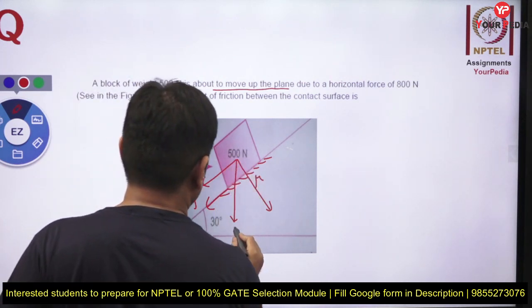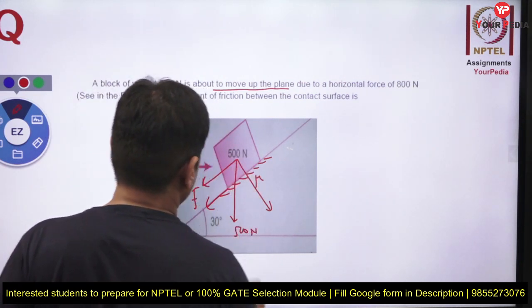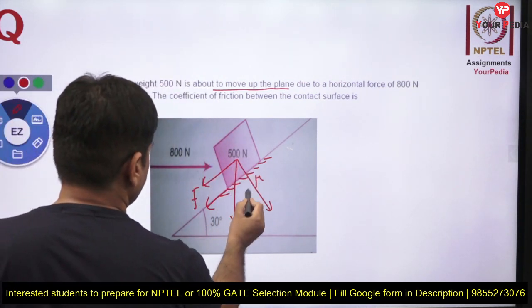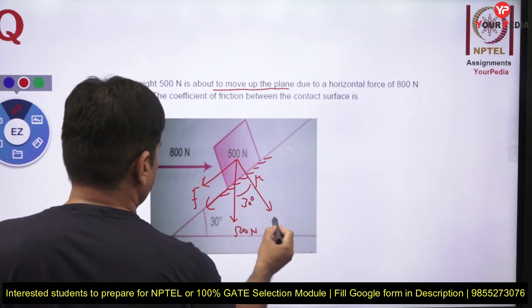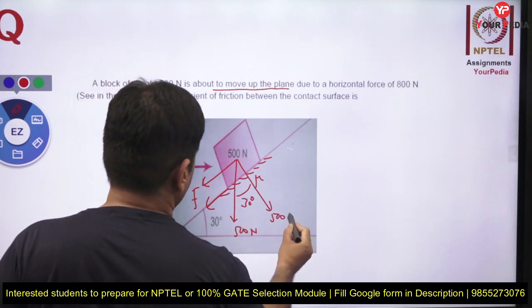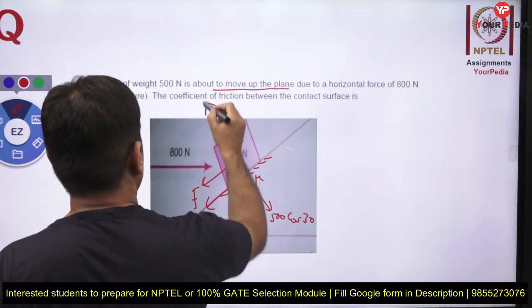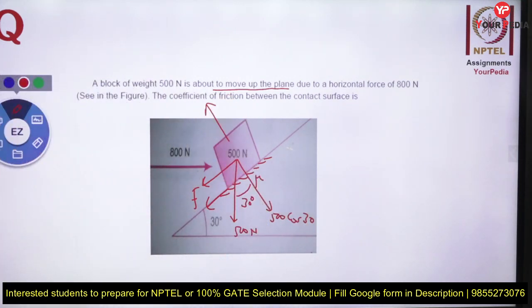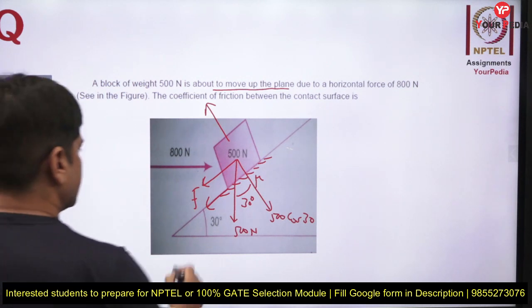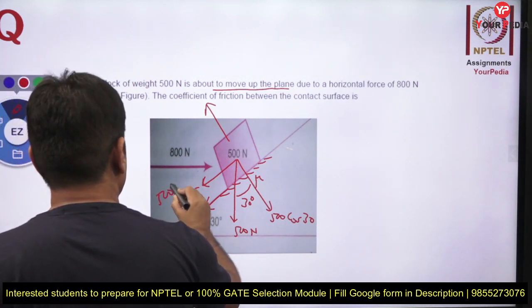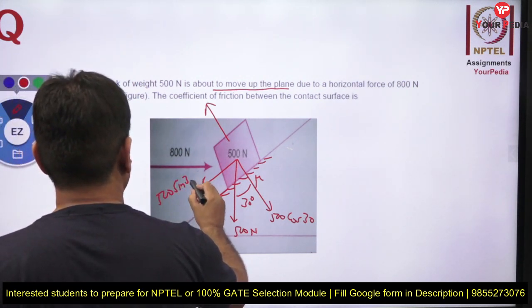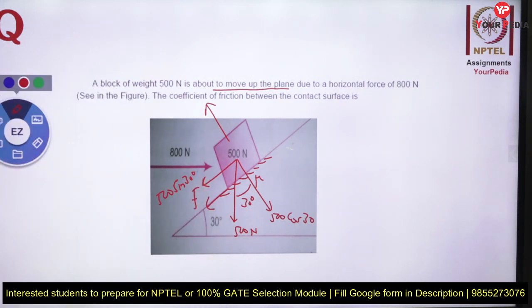Because of its weight 500 Newton, there are two forces acting. If this angle is 30 degree, this angle is also 30 degree. So 500 cos 30 is the normal reaction component. Another is 500 sin 30, that is the weight component.